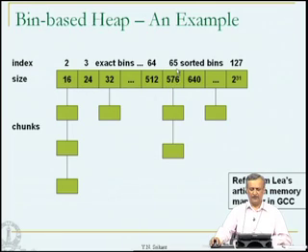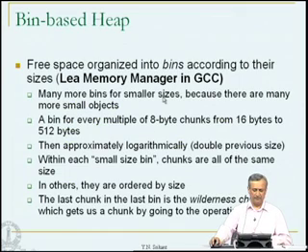Then we have many bins which actually have variable size chunks. A bin for every multiple of 8 byte chunks from 16 bytes to 512 bytes, that is what I just now explained. Then approximately logarithmically. In other words, every bin is of double the previous size.